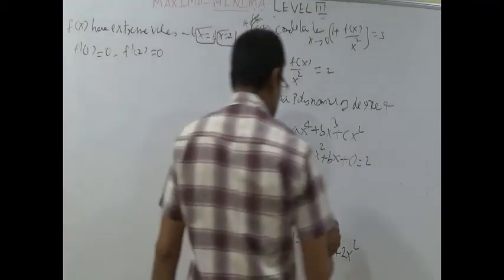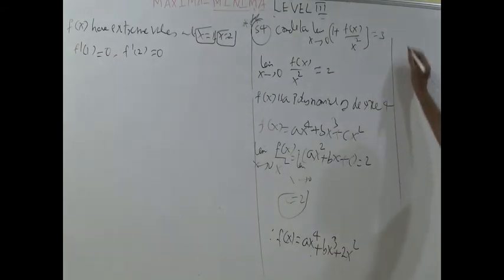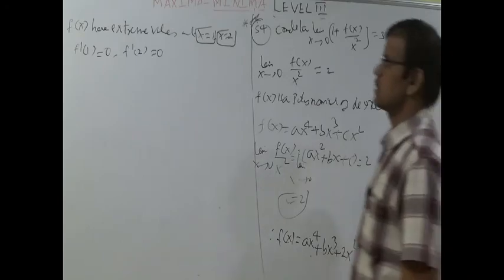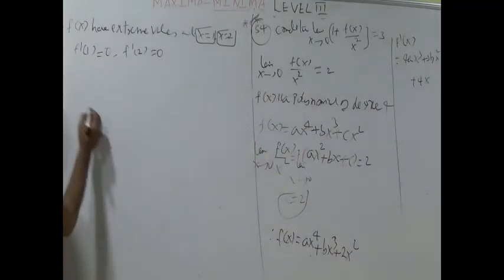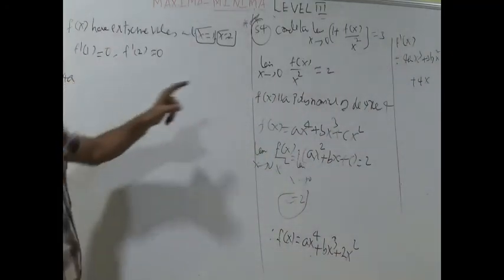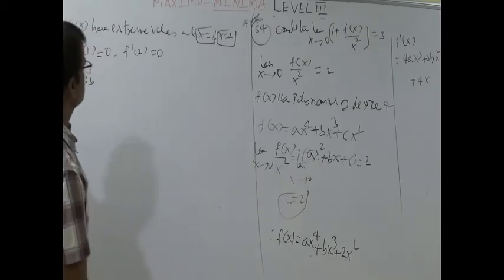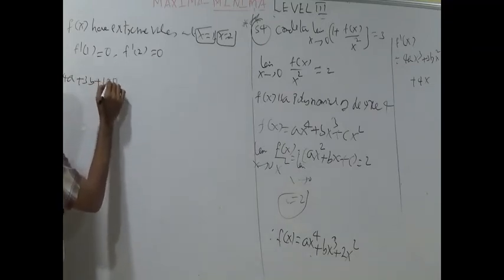So here we should calculate f dash x. f dash x is equal to 4ax cube plus 3bx square plus 4x. Substituting x equal to 1, f dash 1 equal to 0, we get 4a plus 3b plus 4 equal to 0.